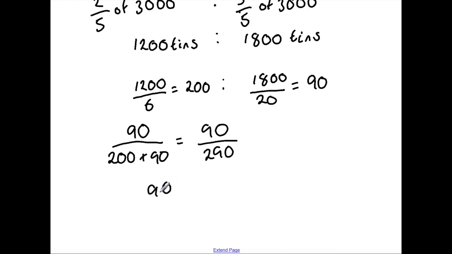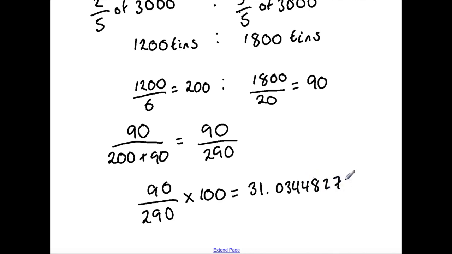And so it's 90 over 290 multiplied by 100, which gives us a percentage, which is 31.03448275862%. Therefore, Carlo is wrong. It's not less than 30%. Large boxes take 31%. And that's your final answer.